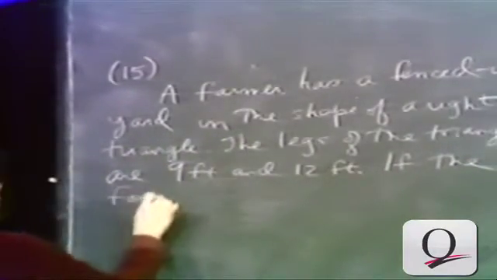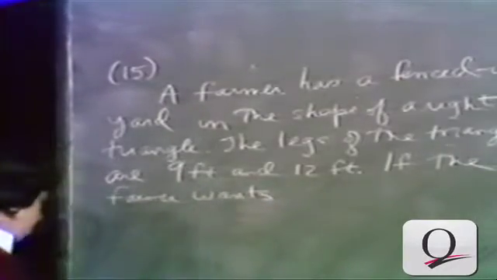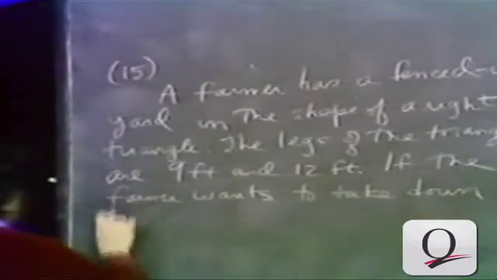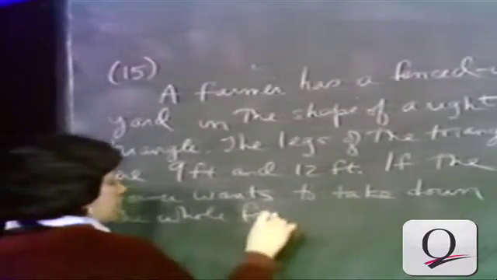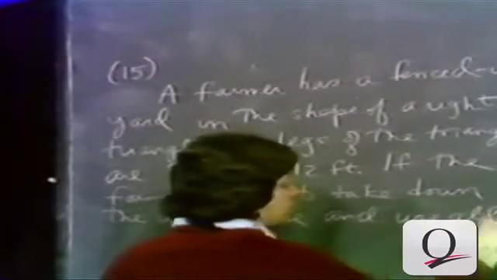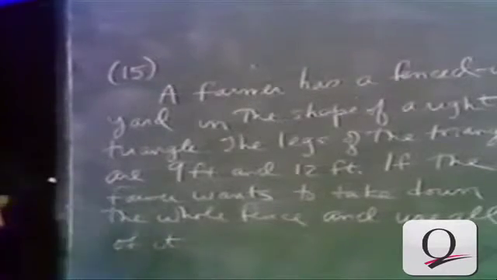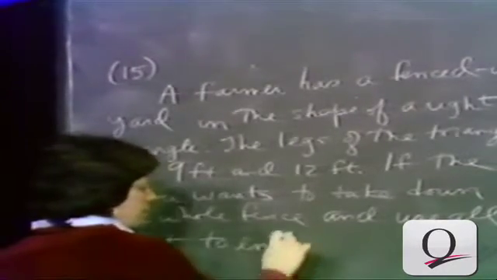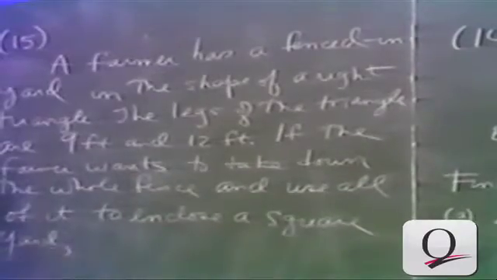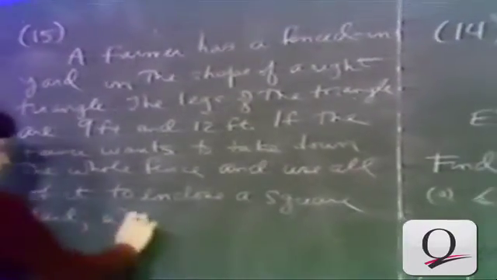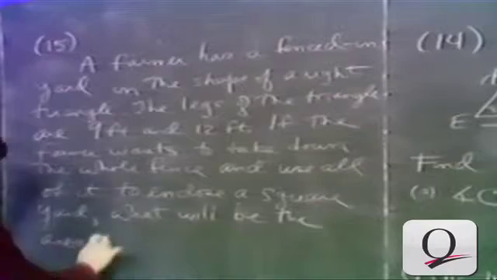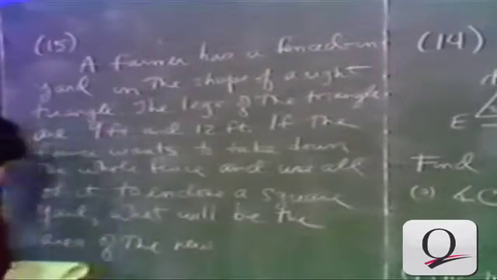If the farmer wants to take down the whole fence and use all of it to enclose a square yard, what will be the area of the new square yard?